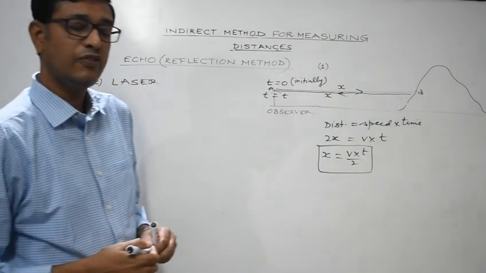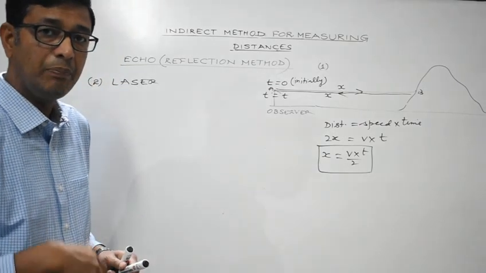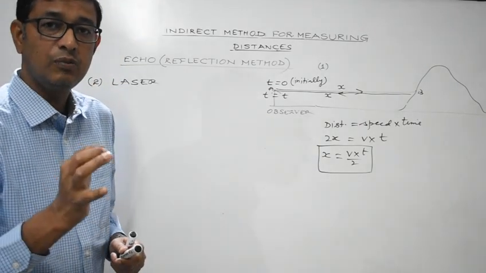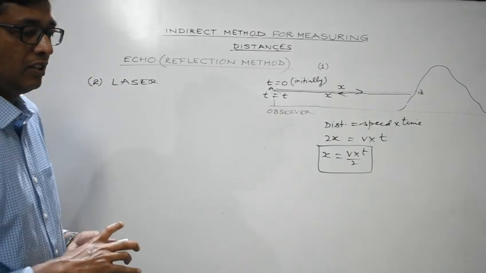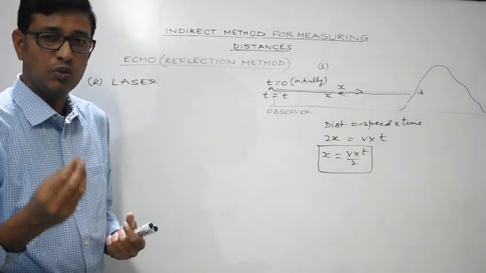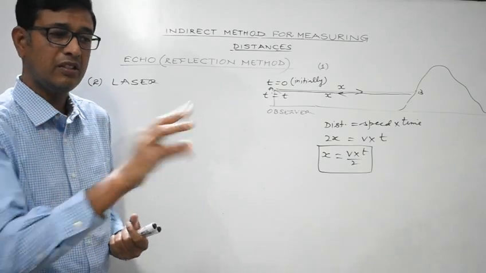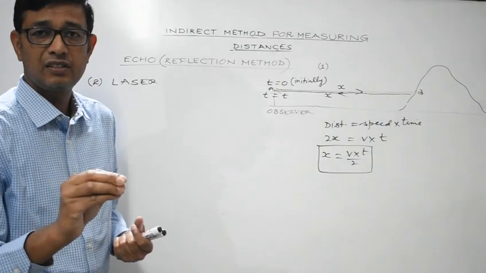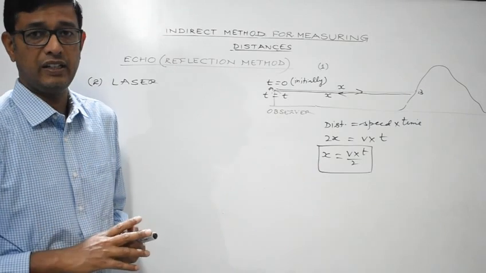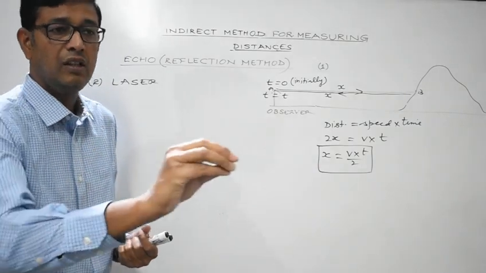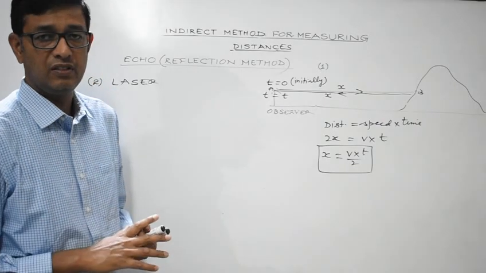Laser stands for light amplification by stimulated emission of radiation, right? It is a source which emits a highly intense, perfectly parallel monochromatic beam of light. Monochromatic means emitting light of a single wavelength, right?